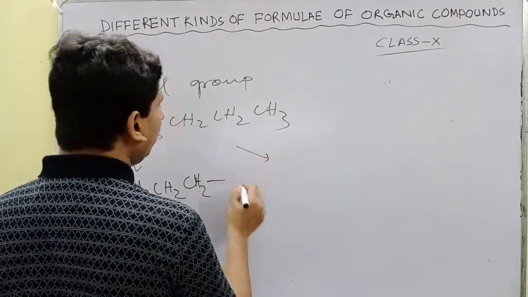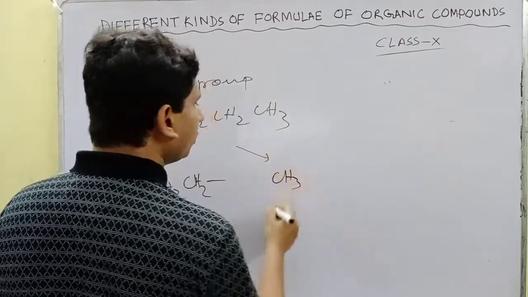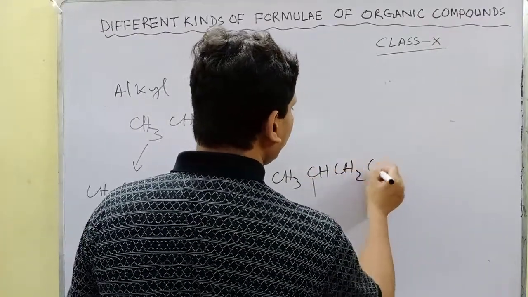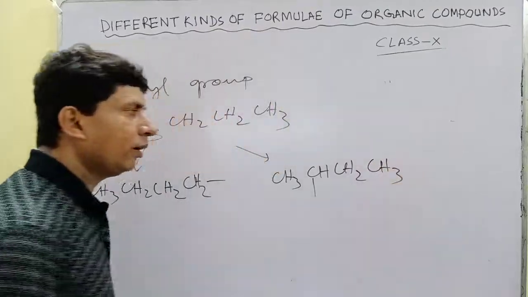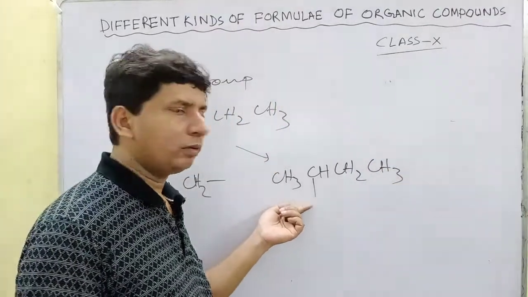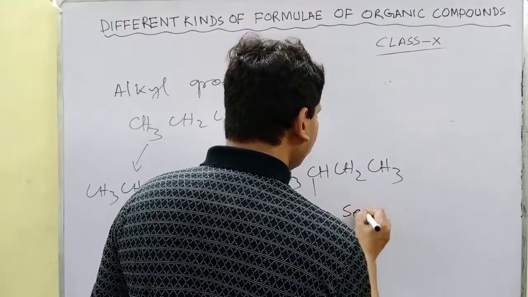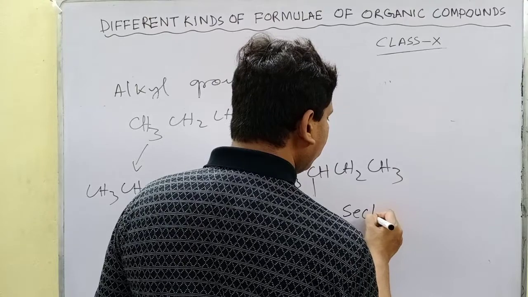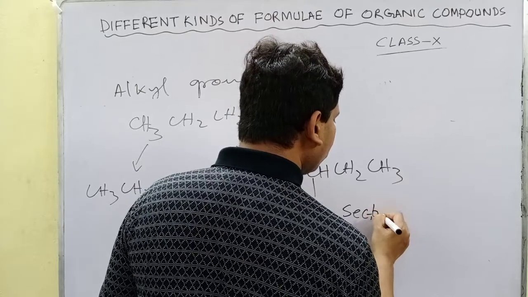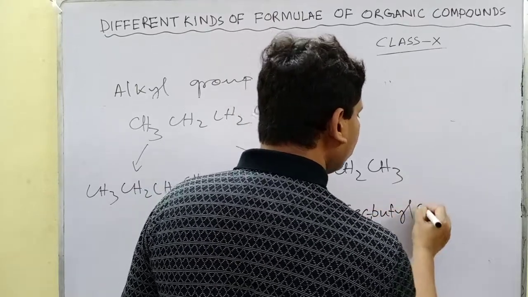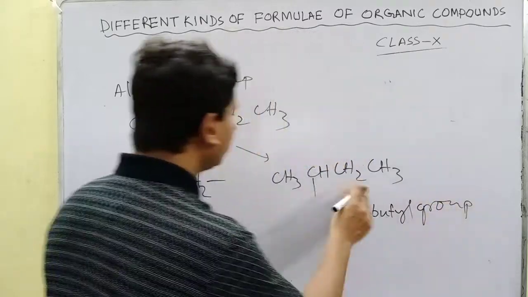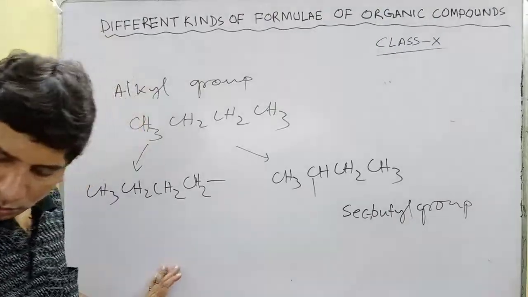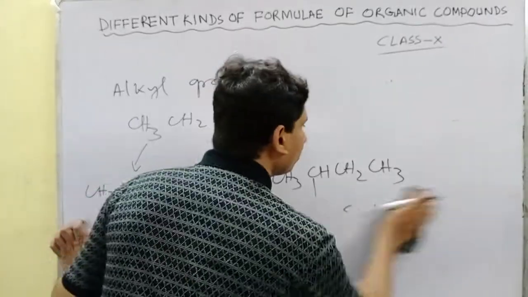Then we can also get CH3 CH CH2 CH3. This is the secondary butyl group, sec butyl means secondary butyl. Clear?